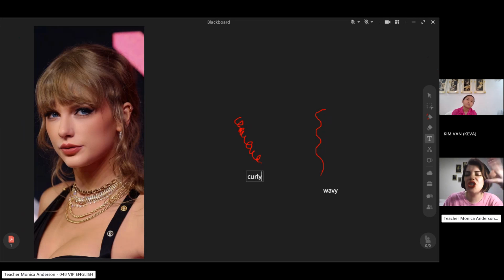Does she strike you as being an actress, for example? You think about an actress or a singer, for example. She is a singer.